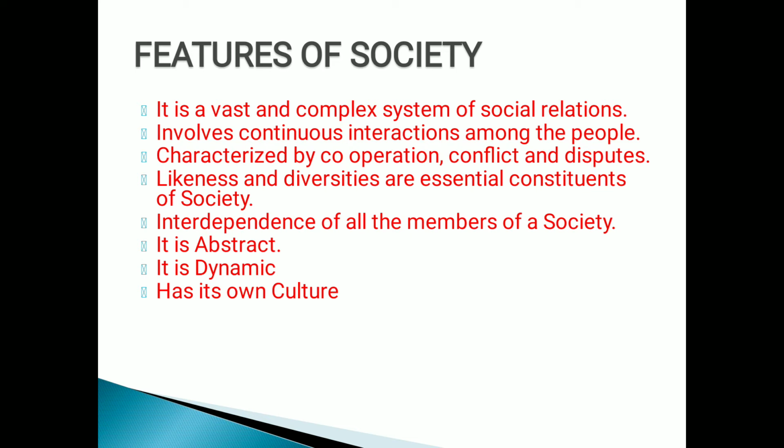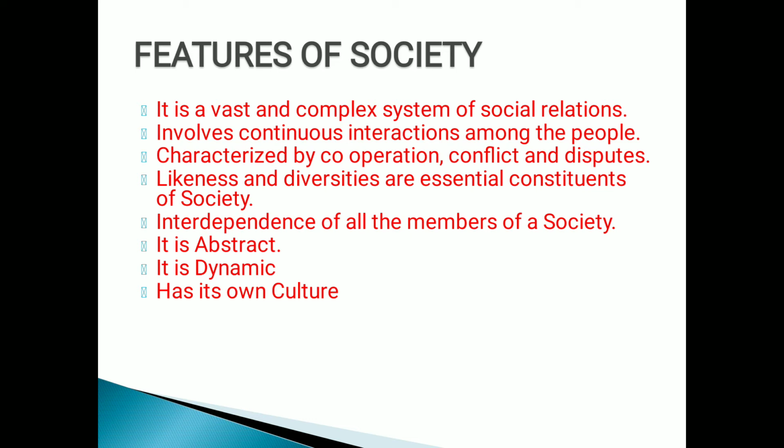It essentially means continuous social relations and interactions among its people. Both likeness and diversity are essential conditions of society. Members of society have several similarities as well as some diversity. Social consciousness about social relations is a feature of society. Interdependence characterizes all the members of a society.